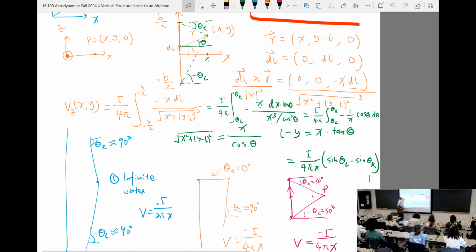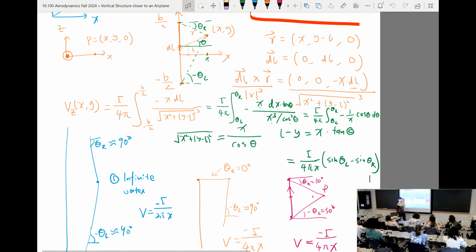Okay, so at the limit of the left wingtip going to infinity, sine theta L is going to approach -1. How about the right wingtip? If the right wingtip goes to the other infinity, what is theta R? 90 degrees. What is sine of theta R approaching? +1, right? Then in this formula, I would get -1 minus +1, right? -2. That -2 cancels with 4 here to get 2 pi x.